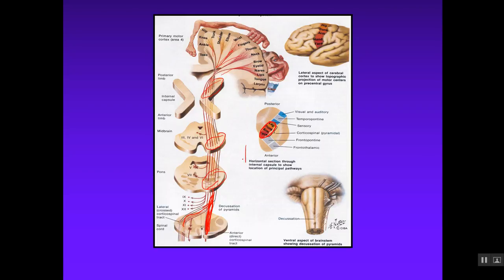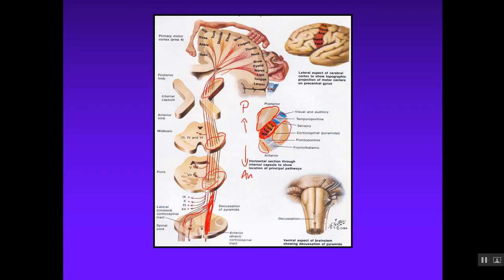And so here you can see the posterior limb of the internal capsule. This is anterior, and this is posterior this way. This is your thalamus, so that's medial. This is your globus pallidus and putamen out here. This is the head of your caudate. So this whole area here is the posterior limb. These guys right here, you see face, arm, trunk, leg layered in that posterior limb of the internal capsule, those motor fibers.